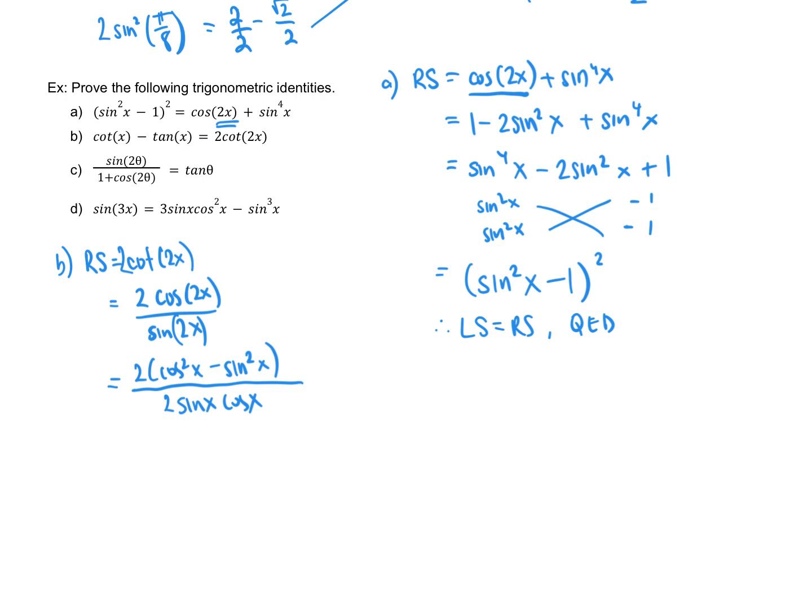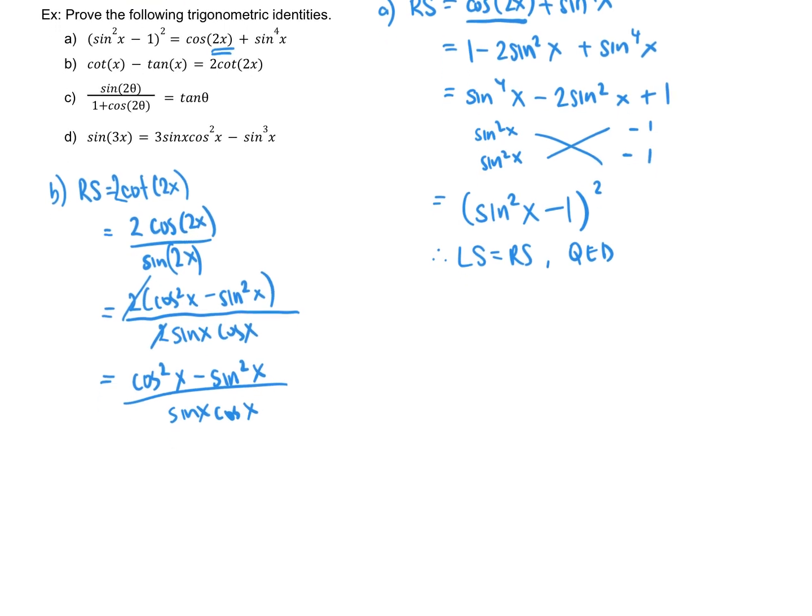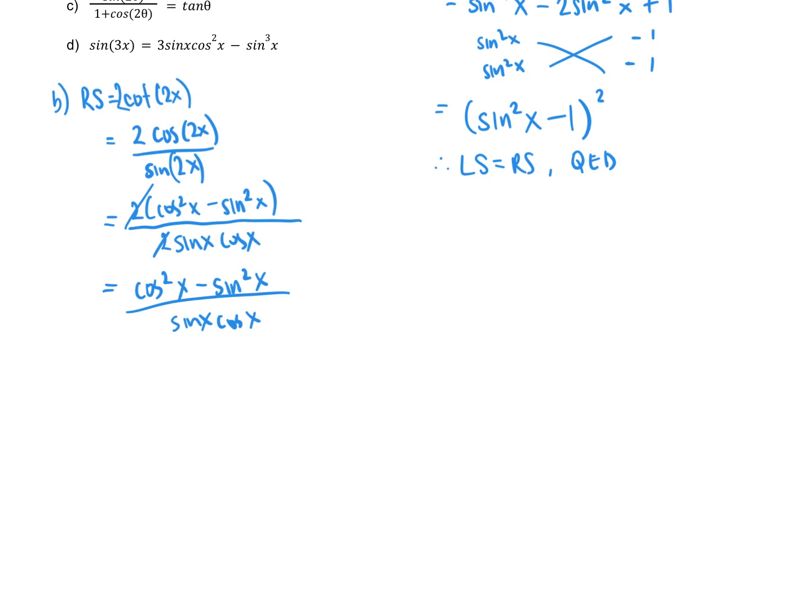And then from here, I notice that the 2's can cancel out, and I'm left with cos squared x minus sine squared x all over sine x cos x. And then I'm going to split this off into two fractions. So I'm kind of going to undo the common denominator here.